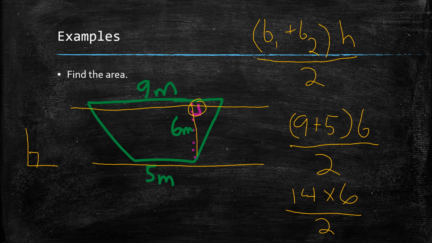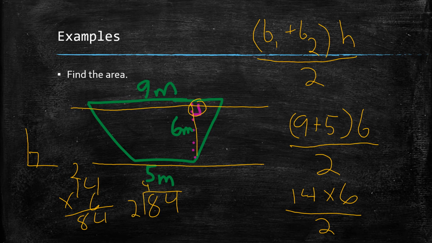If you want to do 14 times 6 and then divide that by 2, that's perfectly fine. 14 times 6, that's 84. Then if I was to divide that by 2, it goes in 42 times. So your answer is 42 meters squared.